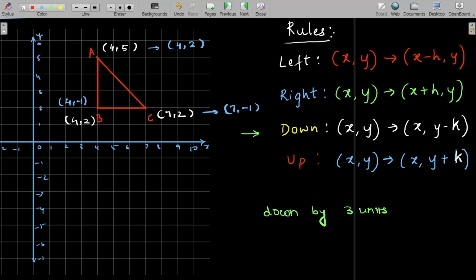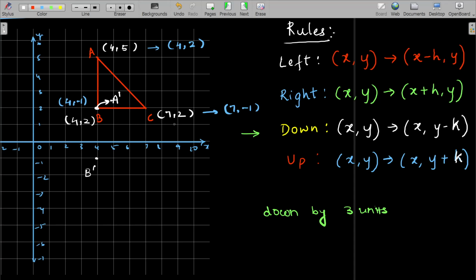Now let's draw the image for this. Point A will be at 4, 2. So 4, 2 will be this point. Then we have 4, -1. 4, -1 is this point. So this point now becomes A dash. And point B has now shifted to 4, -1. So this is B dash.